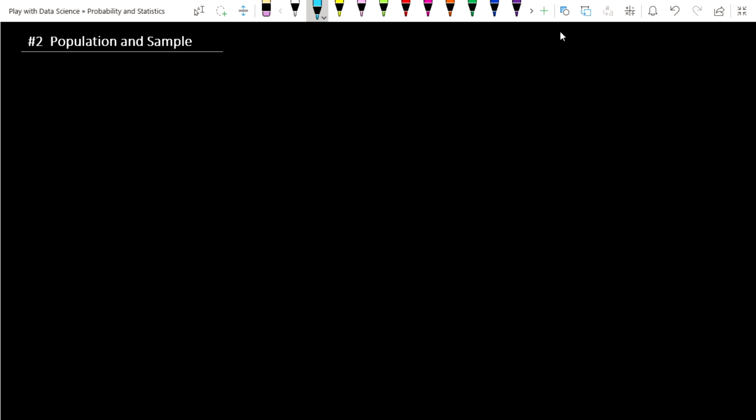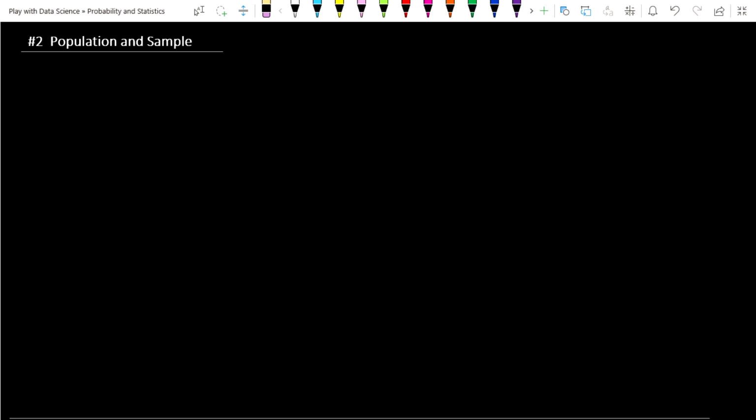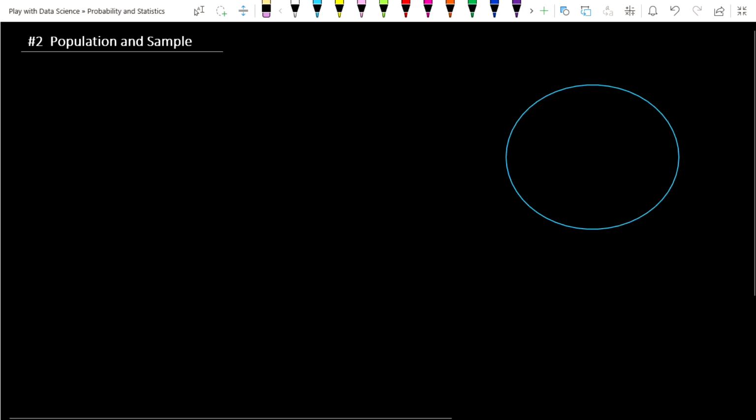Suppose we want to find the average height of a human. We are interested in finding the average height of a human in the whole world. This is our data set.